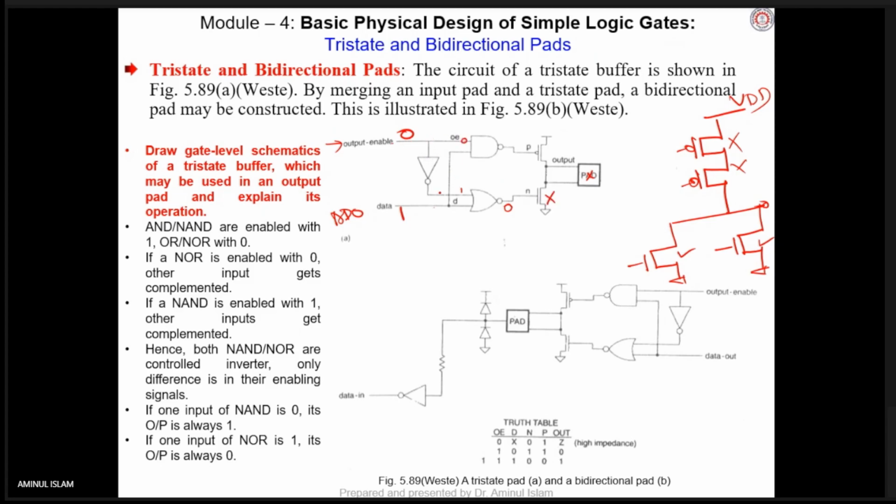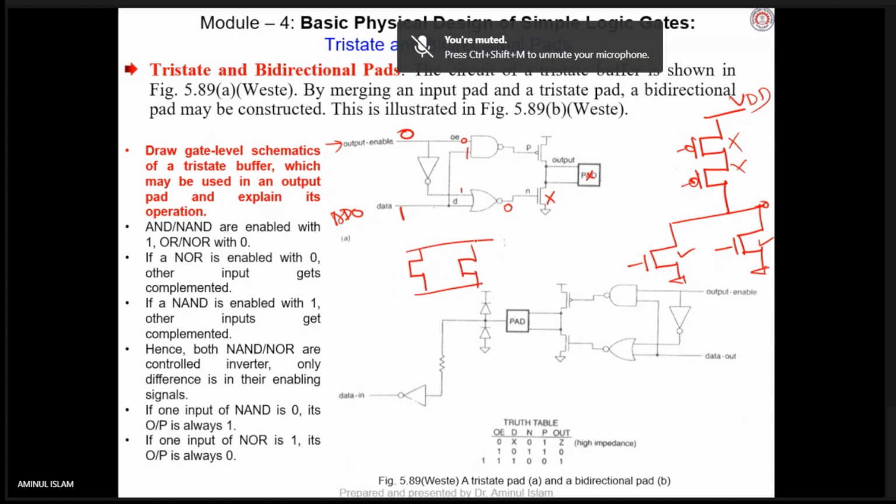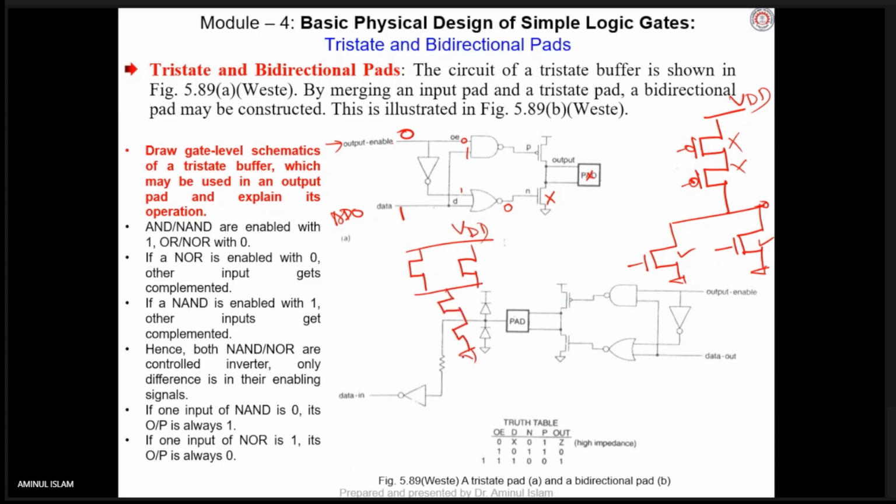This is 0 and this is 1. What is the output? 1. Output is 1 because your NAND is like this. See, 1 0 1 0.